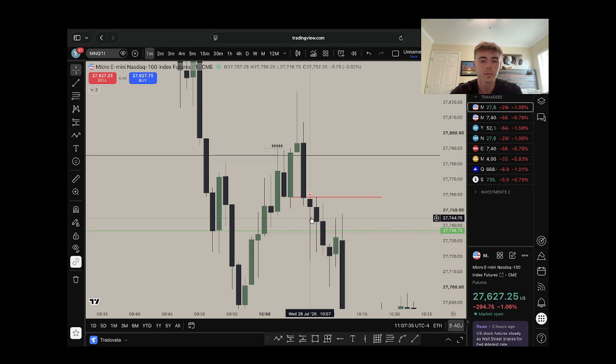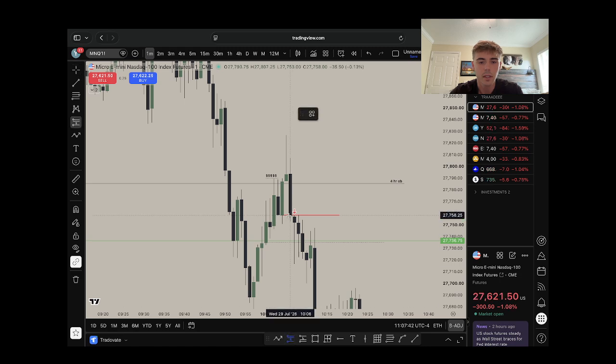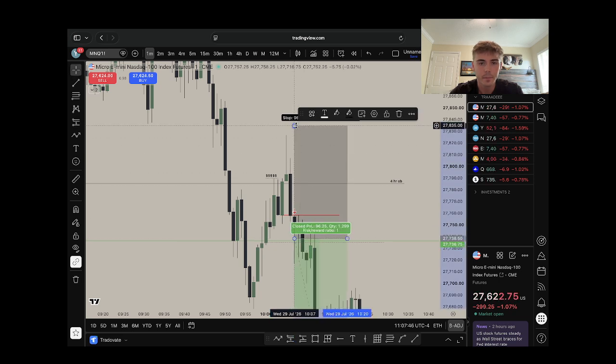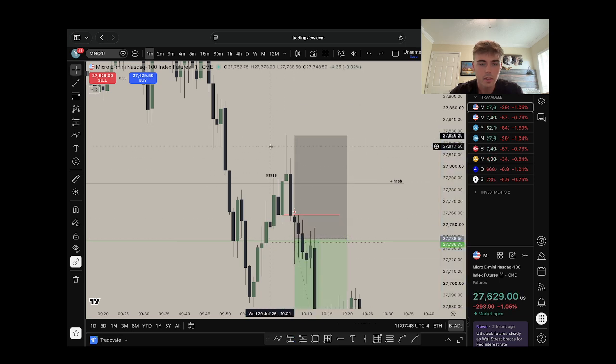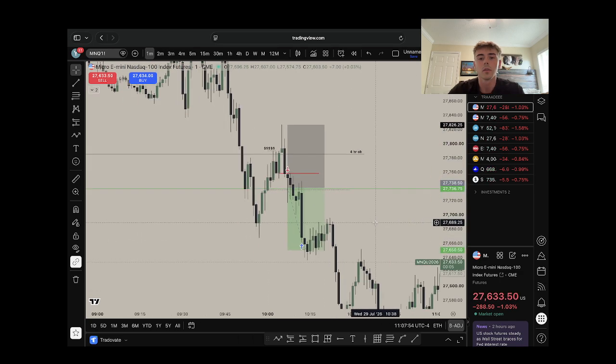Pretty violently to the downside, and my entry was extremely bad. So I think I got filled somewhere around here, and I ended up targeting about a 1-to-1 risk reward. So my fill was not the best.